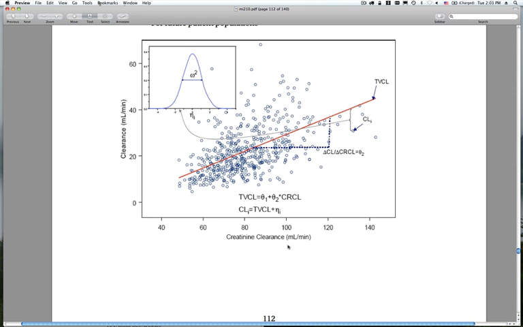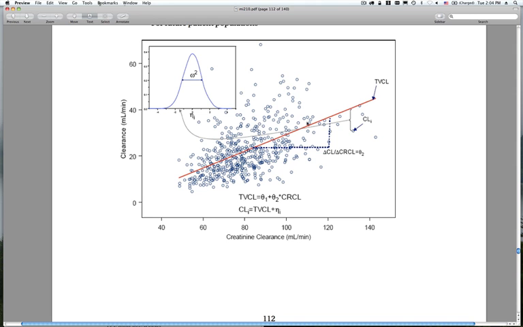And so that's a covariate that explains some of the variability. It doesn't describe everything, and there are still some unexplained reasons for some of these individuals to differ from the population typical expected value.